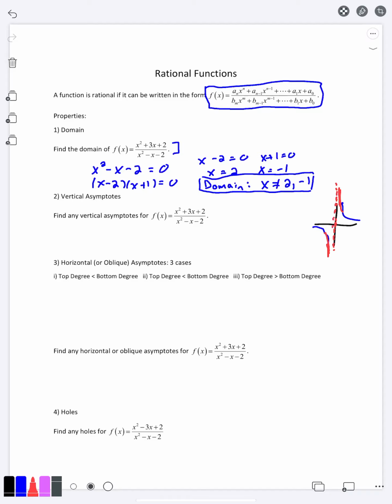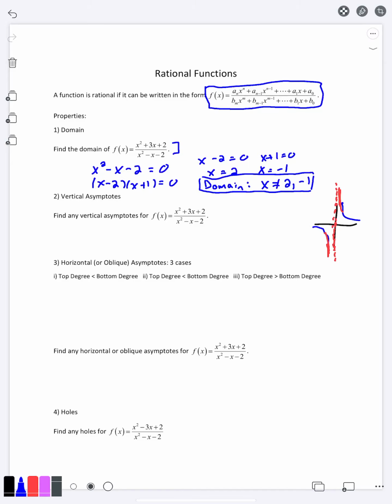So this vertical line, the y-axis, is a barrier that your graph cannot possibly cross. It's going to force your graph to be in different pieces. When we have vertical asymptotes, we have our graph in more than one piece, going either all the way up or all the way down to some vertical line. That's why it's called a vertical asymptote.